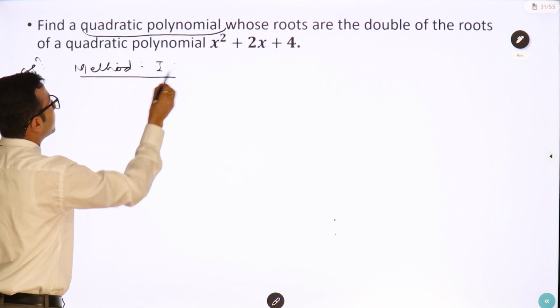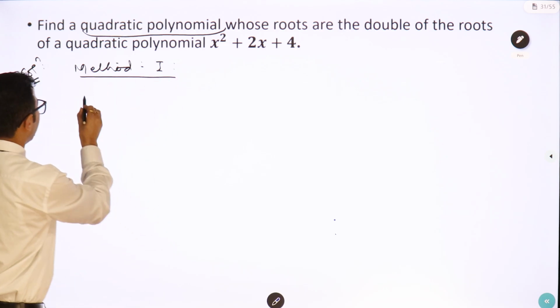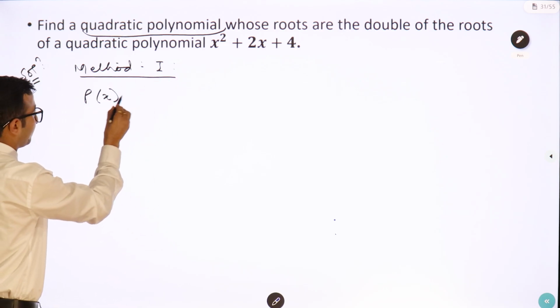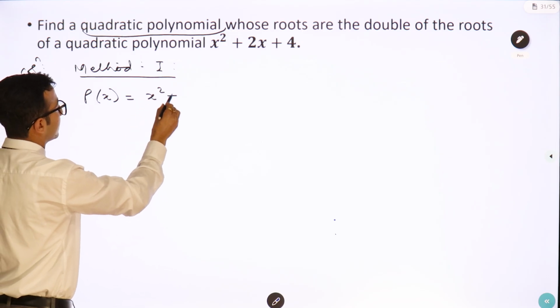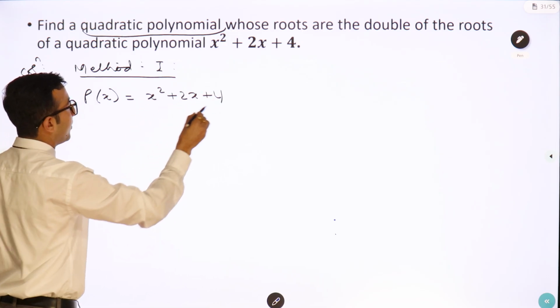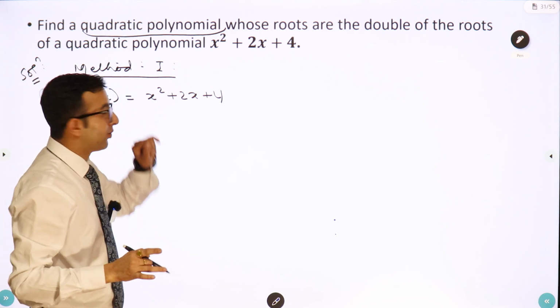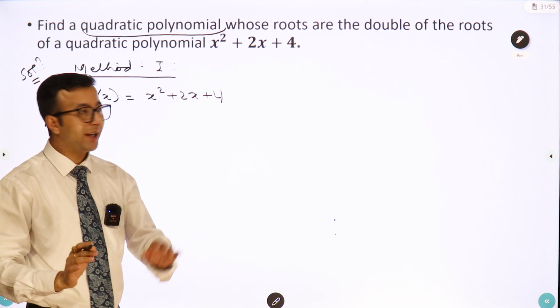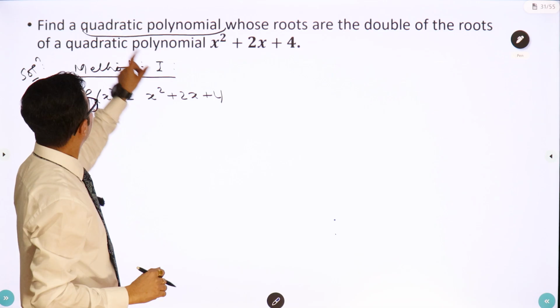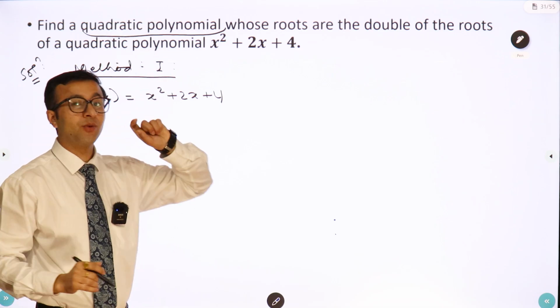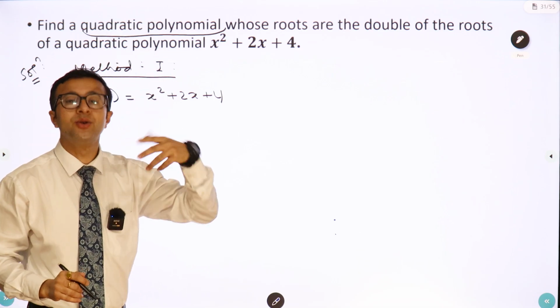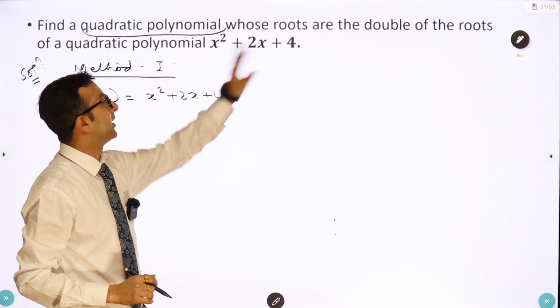In this method, what we'll do is first find the roots. Before finding the roots, I am again explaining the problem. You are supposed to find a quadratic polynomial whose roots are double the roots of this.